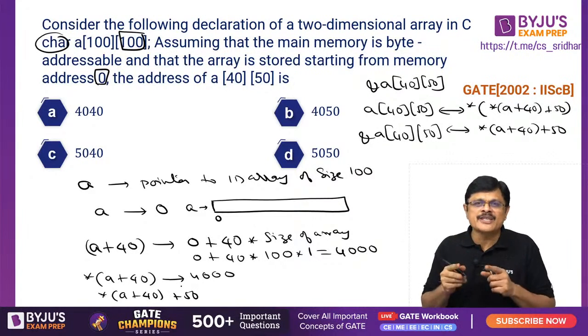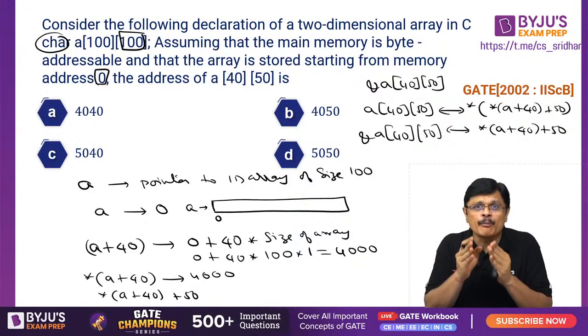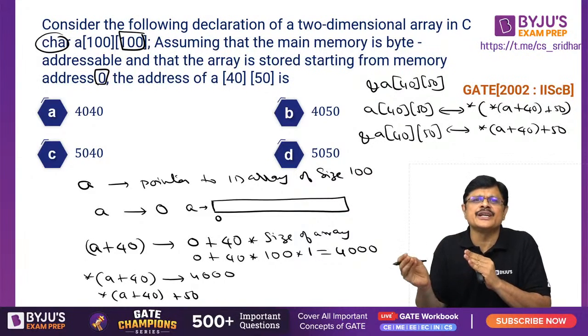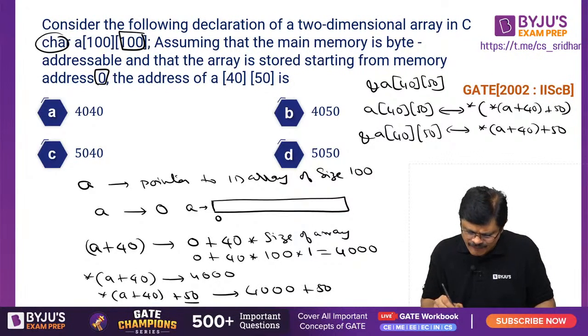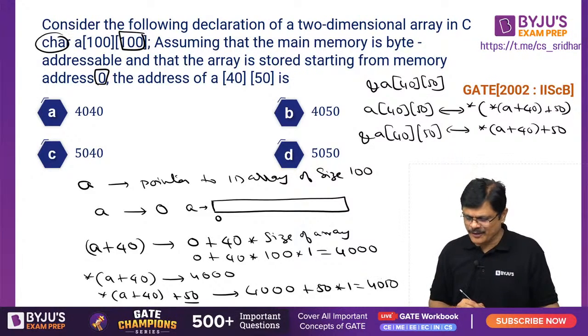Because star of A plus 40 is a pointer to character, plus 50 means we just need to add 50 more characters. So the address of this would be 4000 plus 50 into size of character. What is the size of character? 1, which gives 4050, my dear friends. Very good. So the answer for this is 4050.